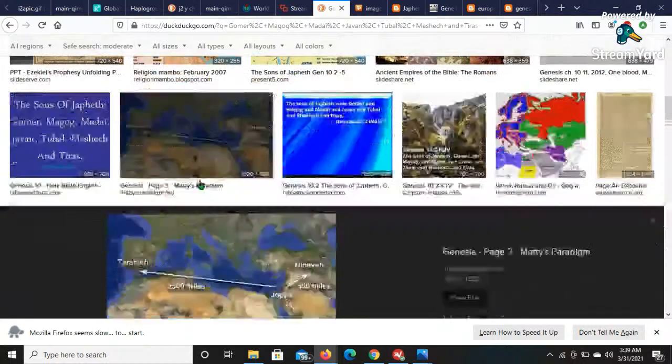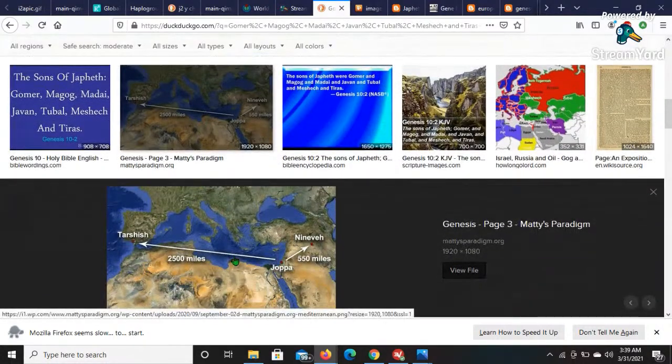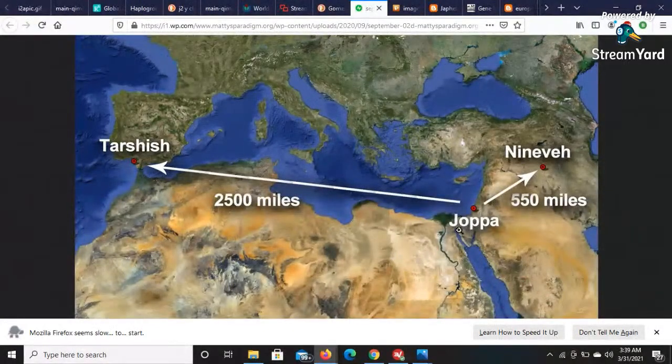In case anybody doesn't know the story of Jonah, Jonah was in Joppa. Was told to go to Nineveh. He gets on a boat and goes to Tarshish, and the storm was so bad they threw him into the sea. He got swallowed by a whale. He was spit up on the shores, and he walked to Nineveh, I guess, or somehow.